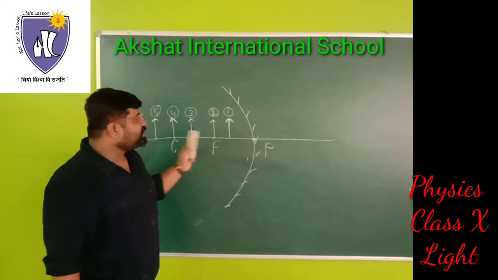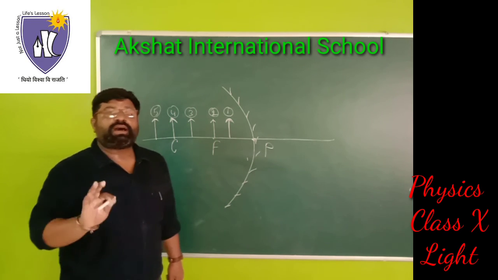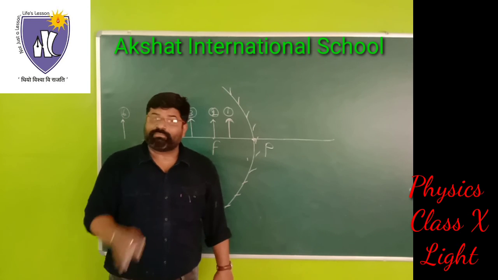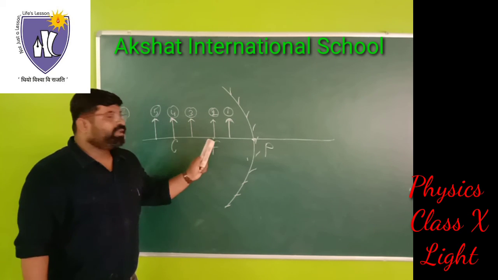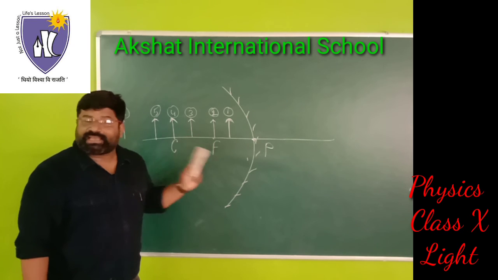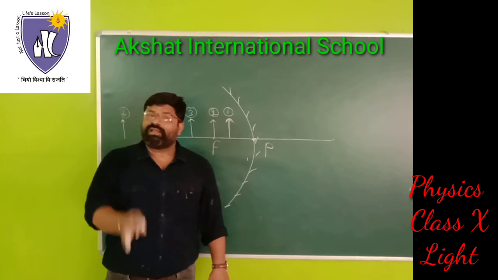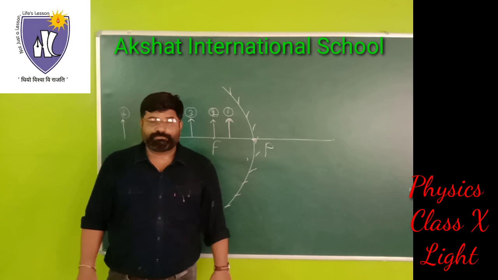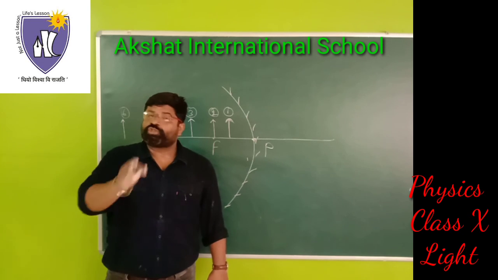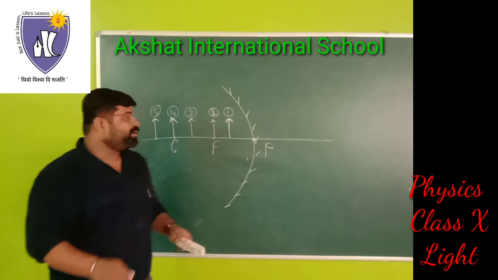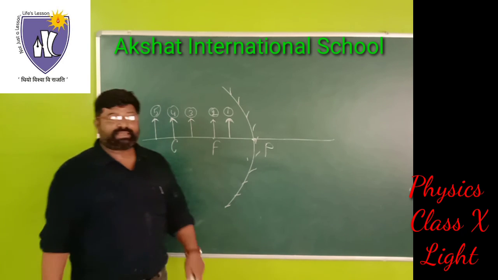So how many cases are there in a concave mirror? There are 6 cases. And my dear students, if you remember all these 6 cases theoretically, then it will be helpful in our numerical part, because no numerical is there which is out of these 6 cases.